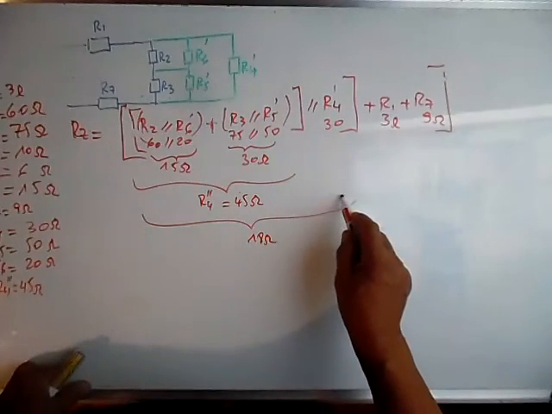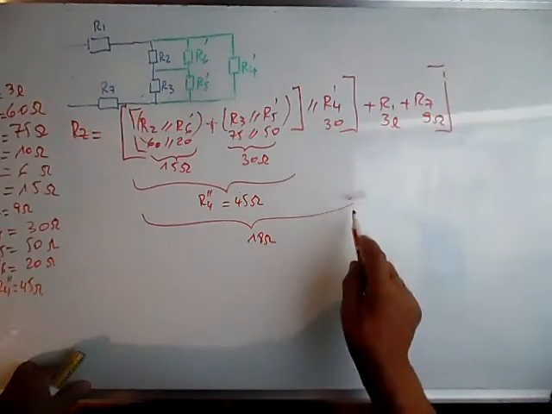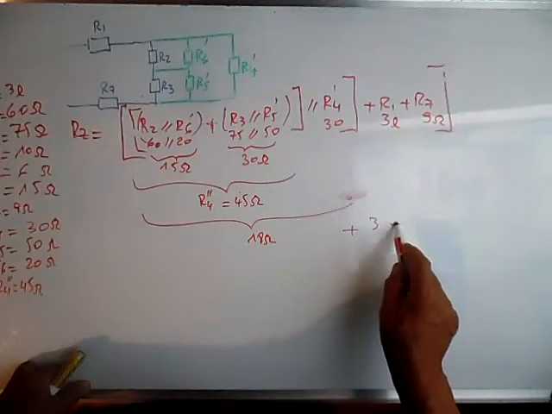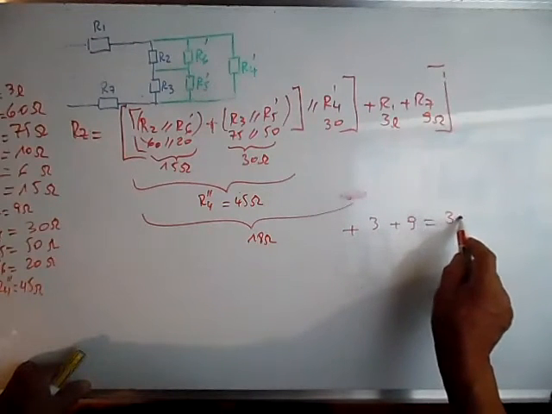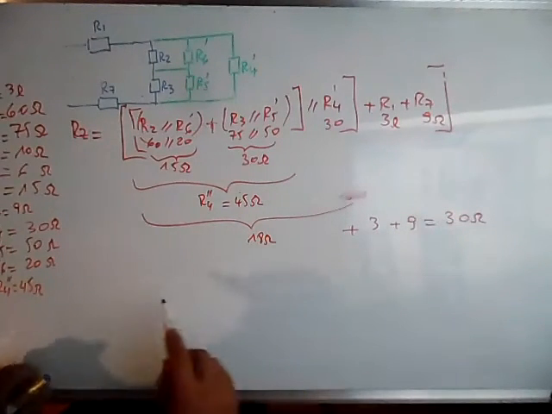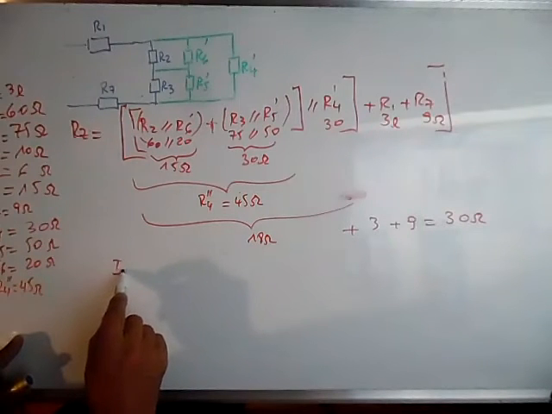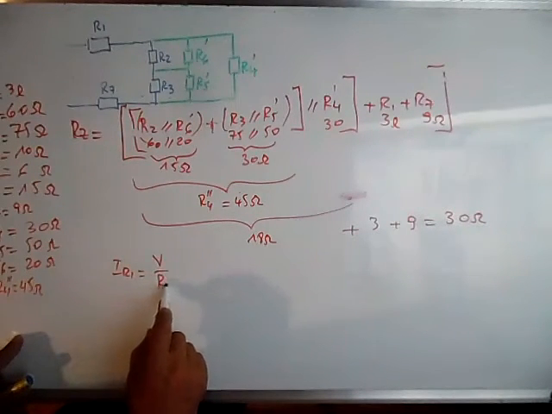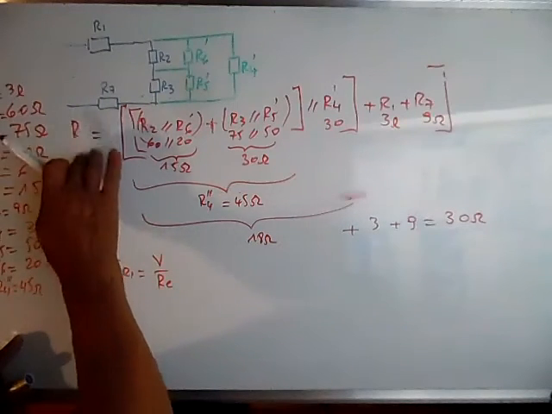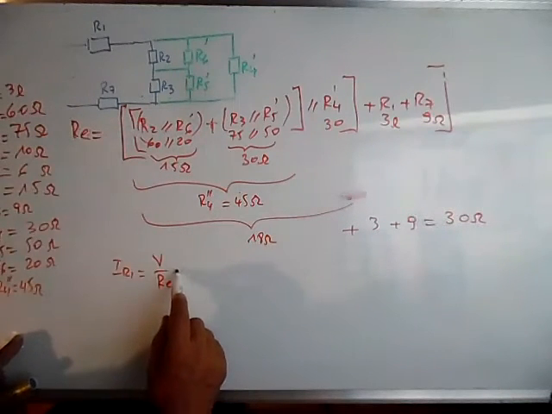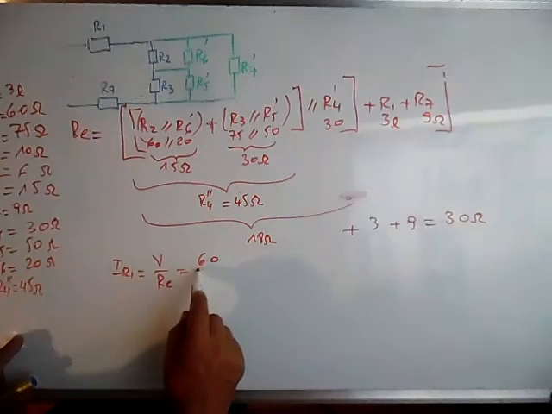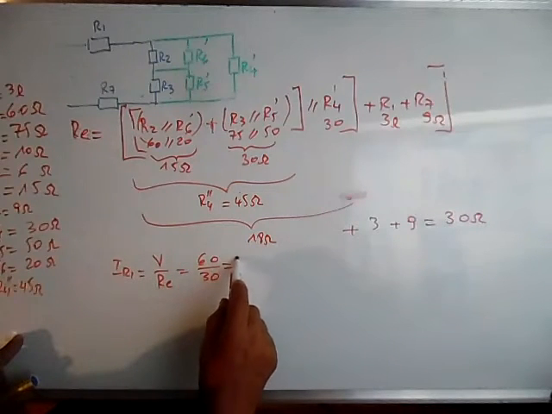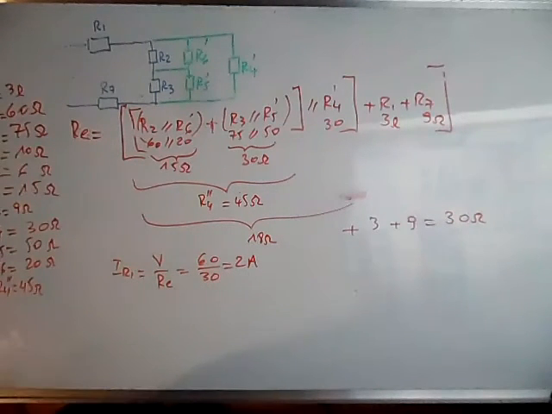Adding this plus 18 plus 3 plus 9 will give us 30 ohms. And from here we can calculate IR1 is equal to V over R equivalent, and this is 60 over 30, it's 2 amps.